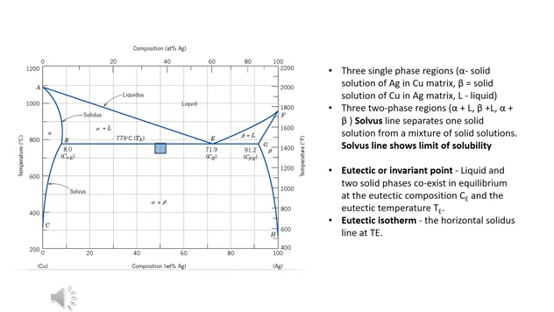We have three two-phase regions, which are your alpha plus liquid, your beta plus liquid, and your alpha plus beta. Liquid and solids exist in equilibrium at a point called the eutectic composition, which is CE, and at the eutectic temperature.